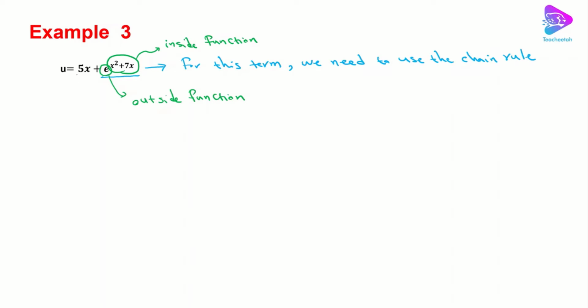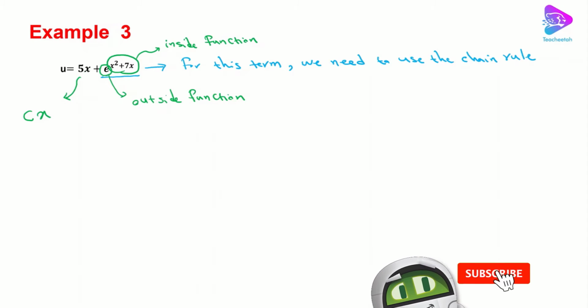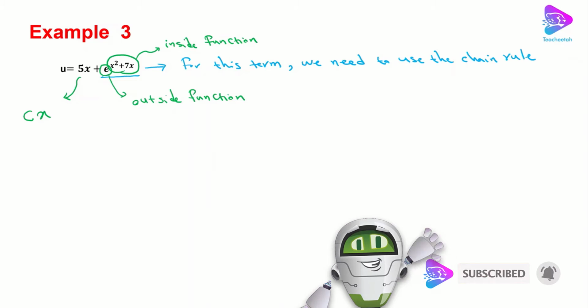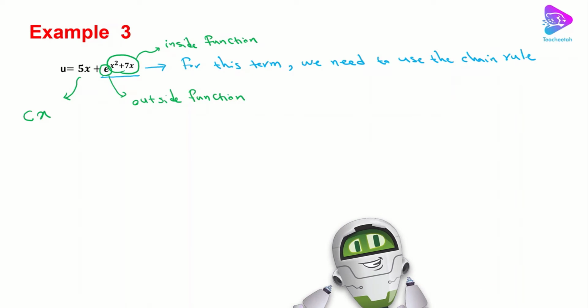And 5x is basically a constant number times x, so we take the derivative of the constant number times x, and it's equal to the constant number.